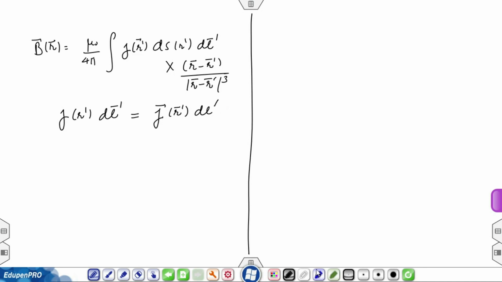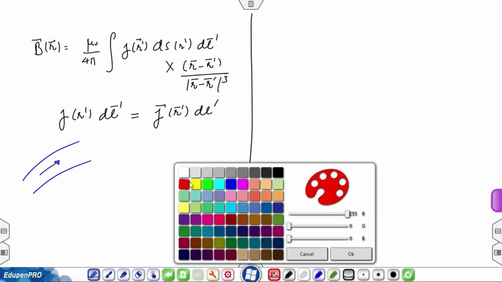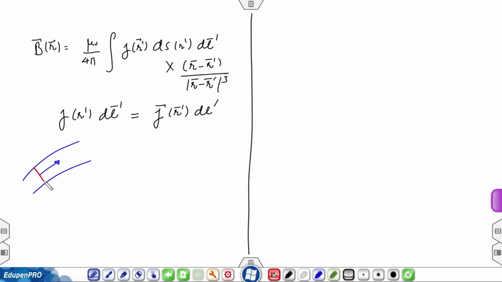So, if I look at the section where the current was flowing, this is the current direction, ds I am taking to be perpendicular to the current direction, and this vector is dl prime. So, if I look at this red section of the current carrying wire, this is the volume of this wire.